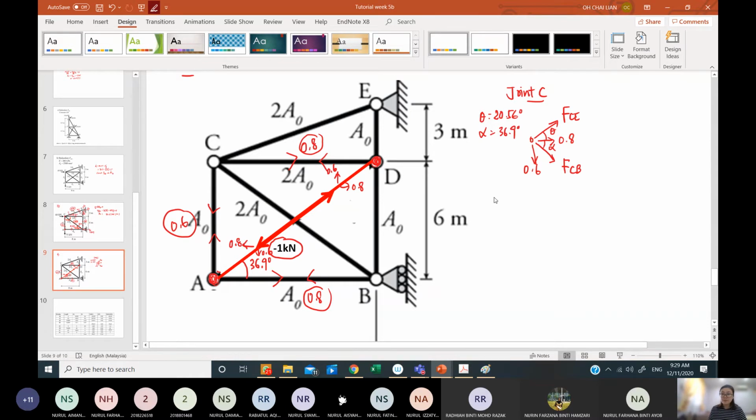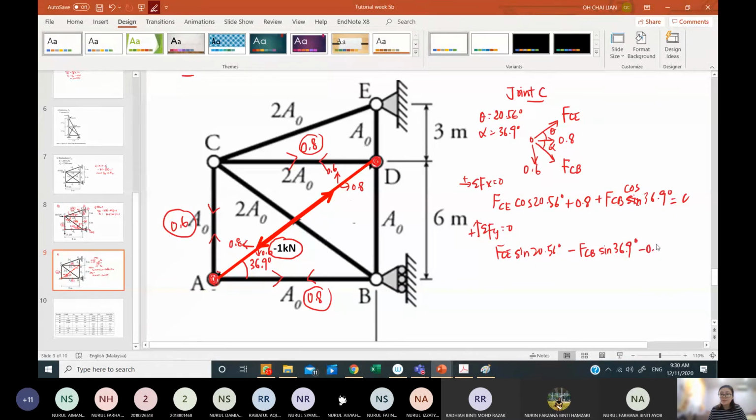Now I have this FCE. Summation Fx equal to 0: FCE cos 20.56 plus 0.8 plus FCB cos 36.9 equal to 0, and summation Fy equal to 0: I have FCE sine 20.56 minus FCB sine 36.9 minus 0.6 equal to 0.